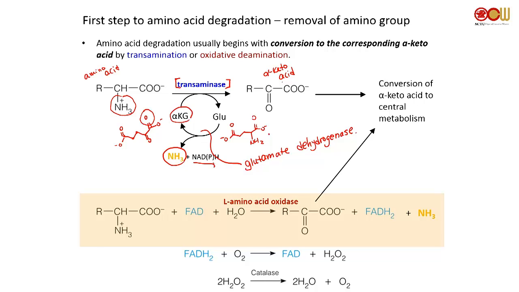Make sense? All right. So those are the two major enzymes to do deamination, removing amino groups. Ammonia is produced as the product.